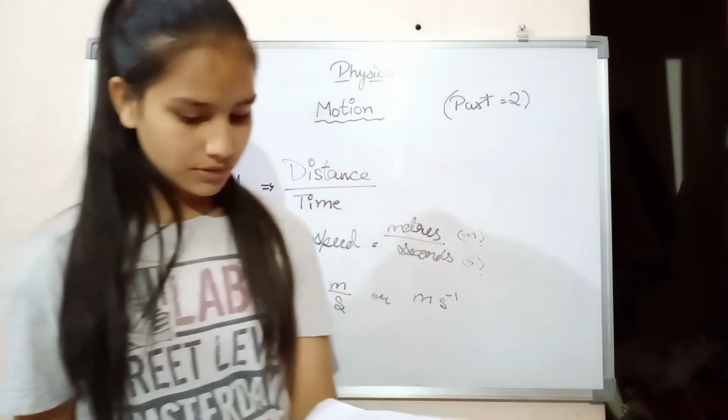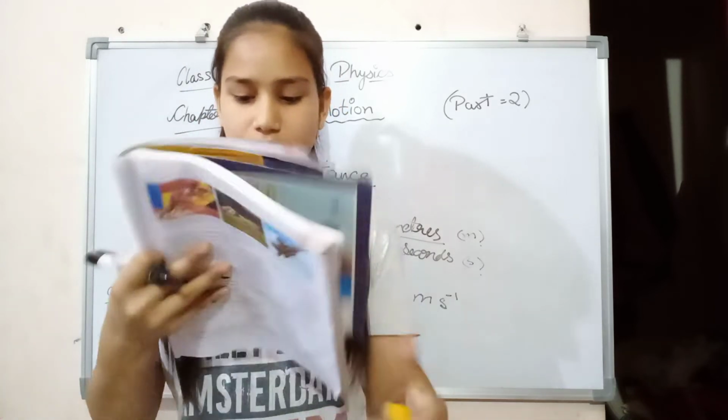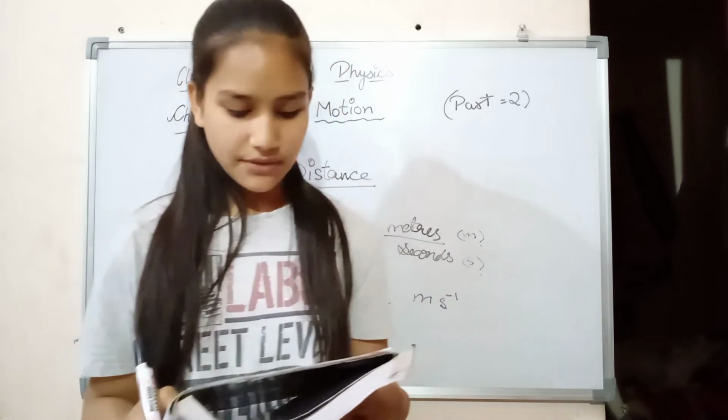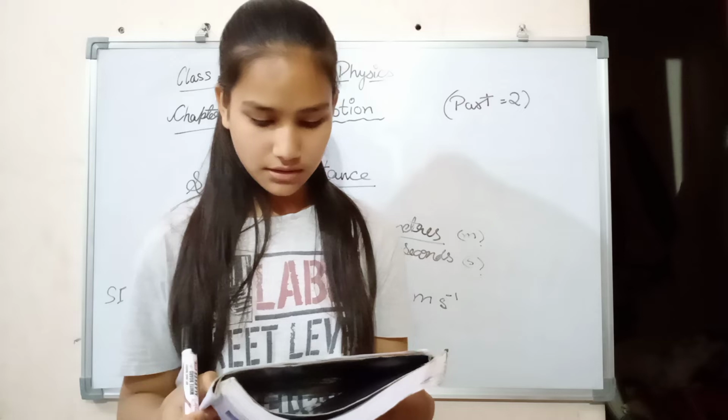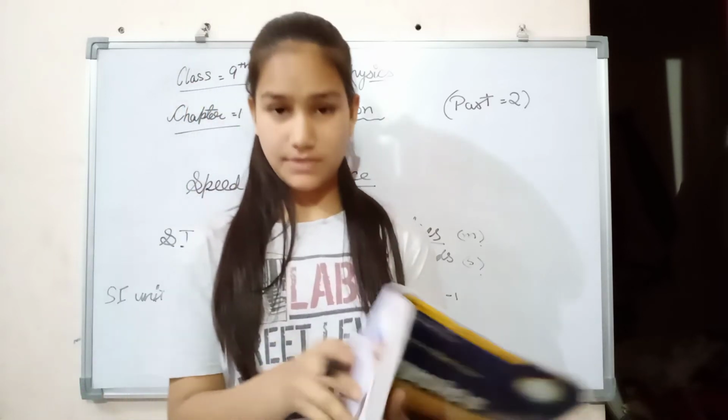Now we are going to discuss average speed. Now we know what is speed, and now we are going to know what is average speed. The average speed of a body is the total distance upon the total time taken.